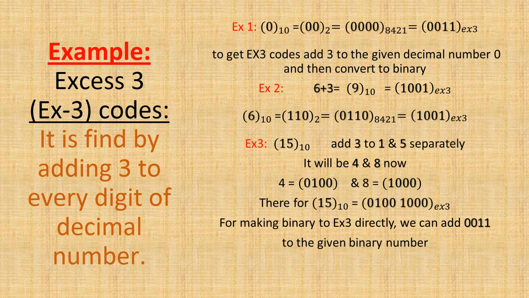By doing this, we will get 4 in place of 1 and 8 in place of 5. Now 4 is converted to binary and 8 is also converted to binary separately. By putting both the values together, we will get the XS3 code of 15.